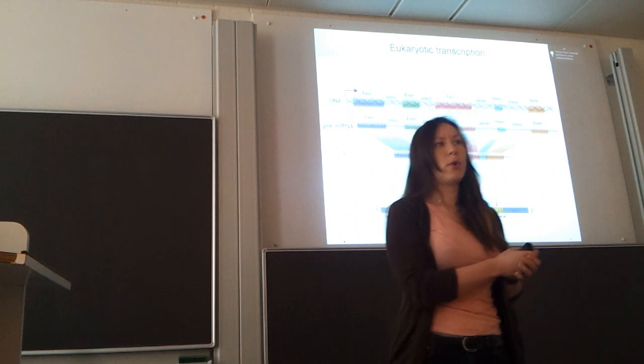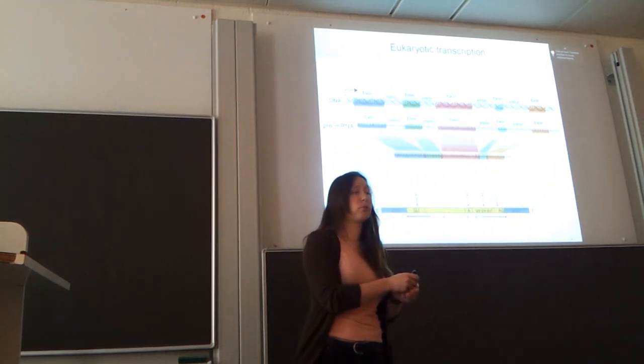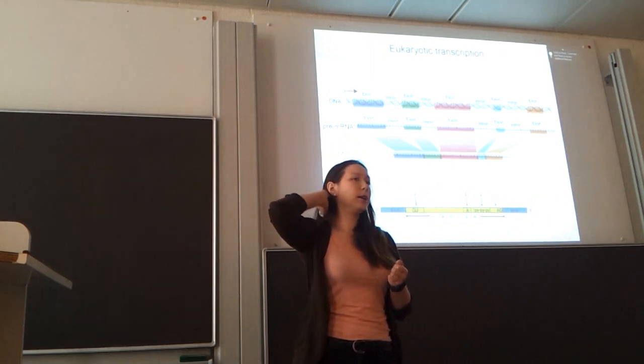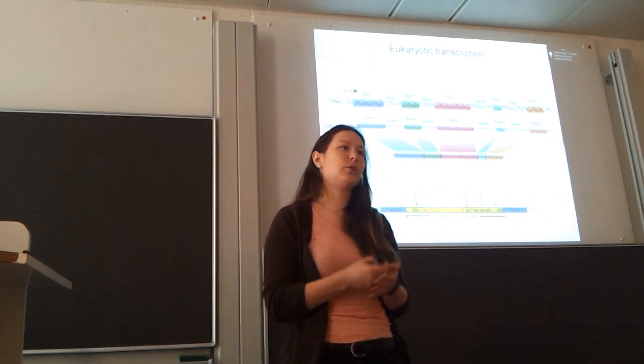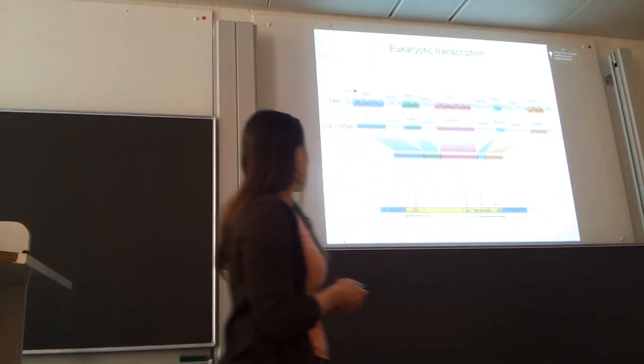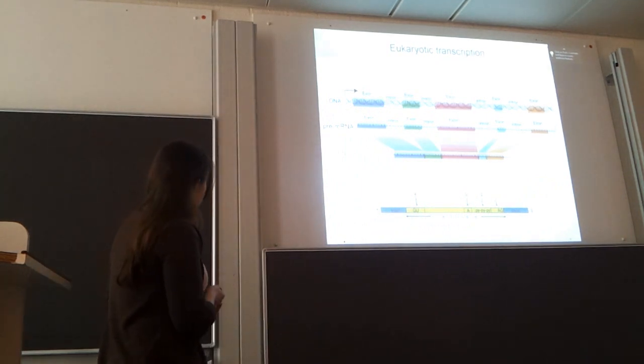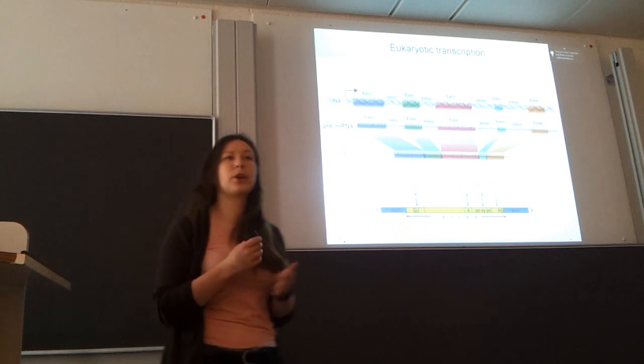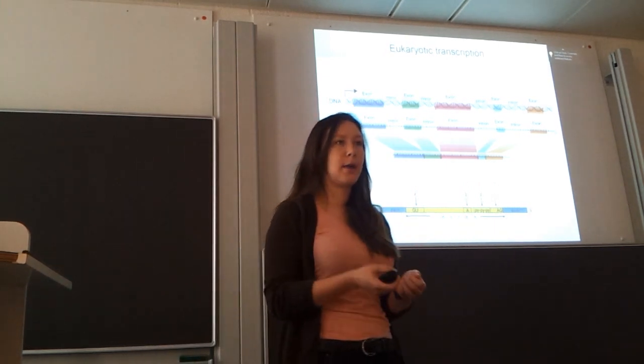So if it's located nearby, we call it cis transcription regulation, and if it's located really far away, in another chromosome for example, it's called a trans regulator. So when we read DNA by polymerase, we generate so-called pre-mRNA, premature mRNA.